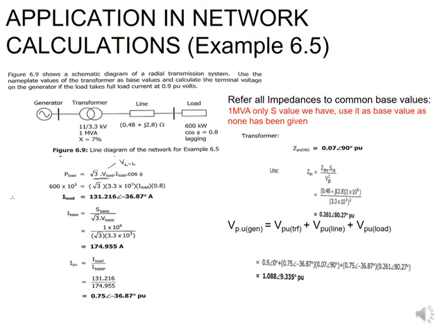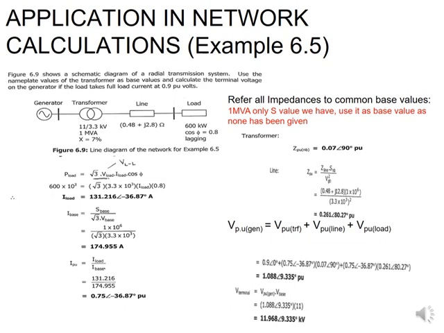9,335 degrees. I must then transform this into an actual value that you're going to see at the terminals of the generator. And I do that by saying that the terminal voltage value is going to be my per unit value that I just got, multiplied by my base value.